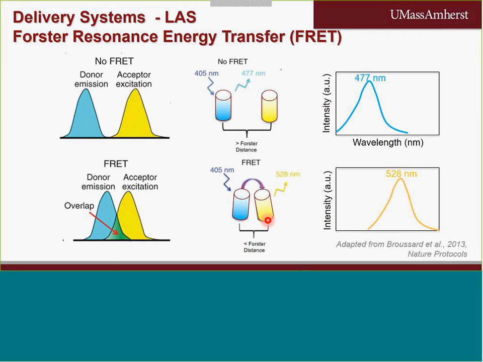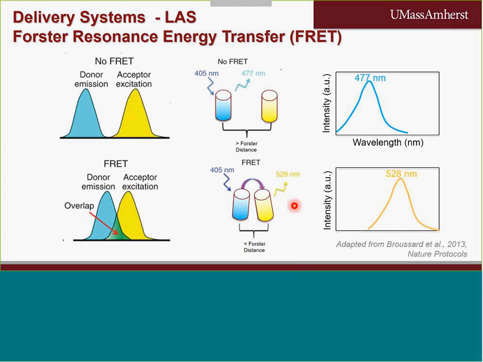Instead of seeing the spectrum corresponding to the donor, you see the spectrum corresponding to the acceptor. That allows us to find out if the donor and the acceptor are really close together or far apart.